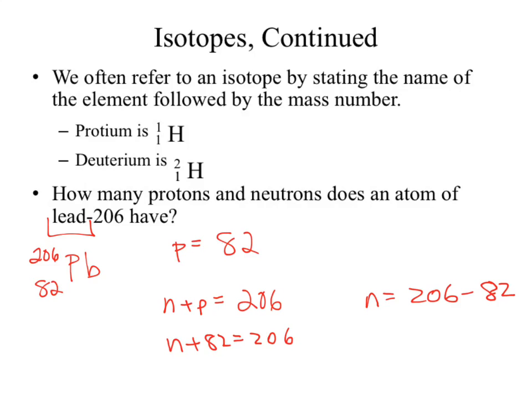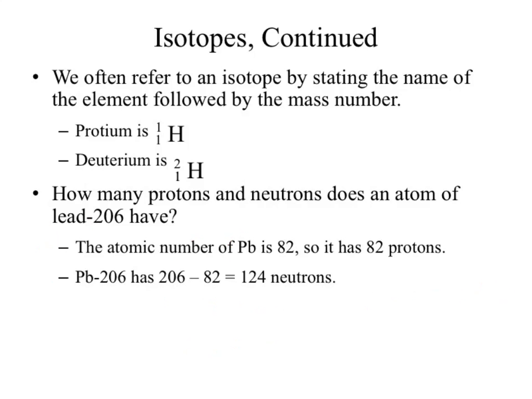I'm sorry, so the bottom number you said was atomic weight? We've got to be careful when we're saying bottom and top. If I'm going to write out the atomic notation, I get Pb 206, 82. In the atomic notation, what is 206? Our atomic mass.